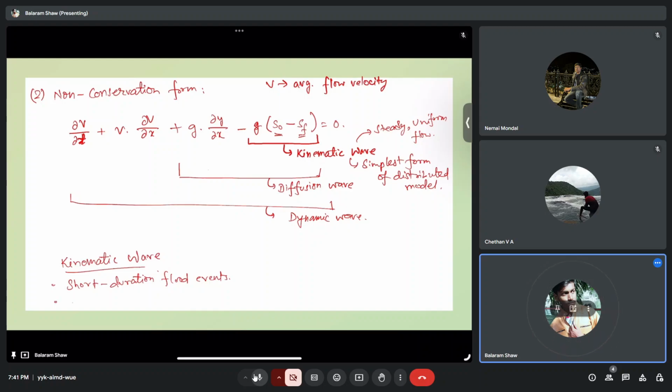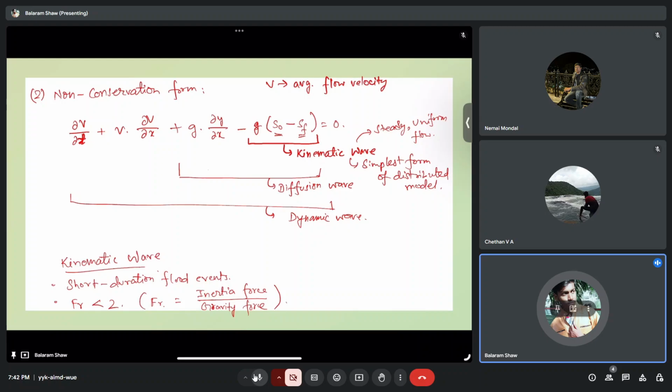And Froude number Fr is less than 2. Remember, Fr is equal to inertia force by gravitation force. So we have seen all these numbers, Froude number, Reynolds number, right? If the Froude number is less than 2, we consider the kinematic waves.